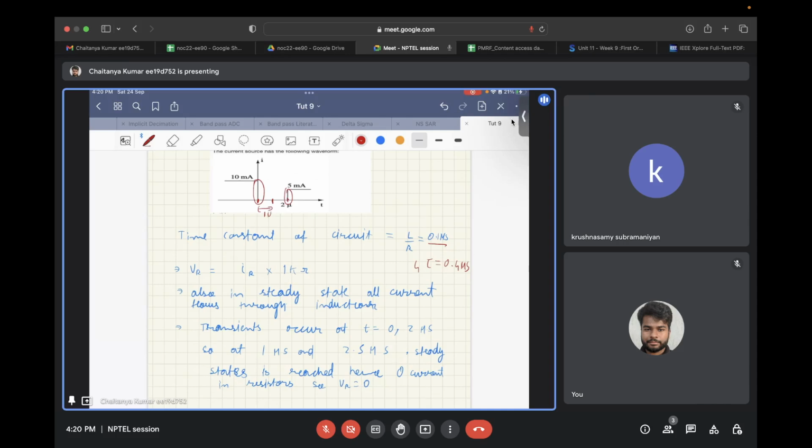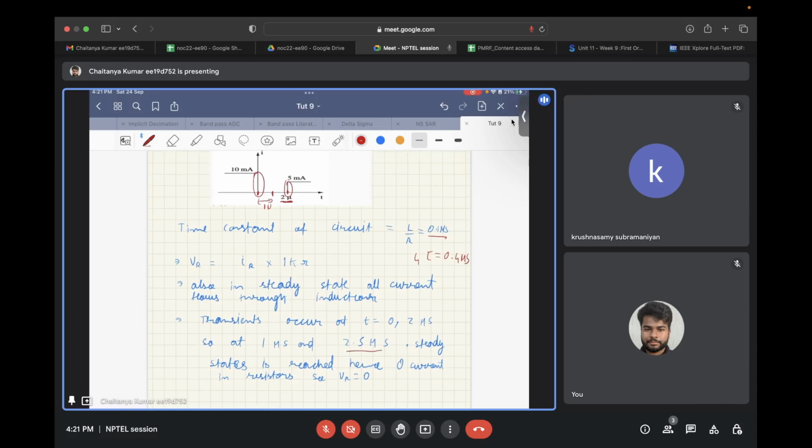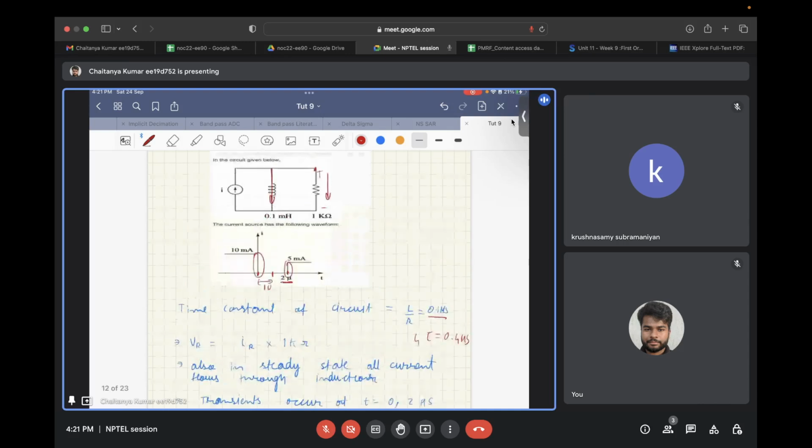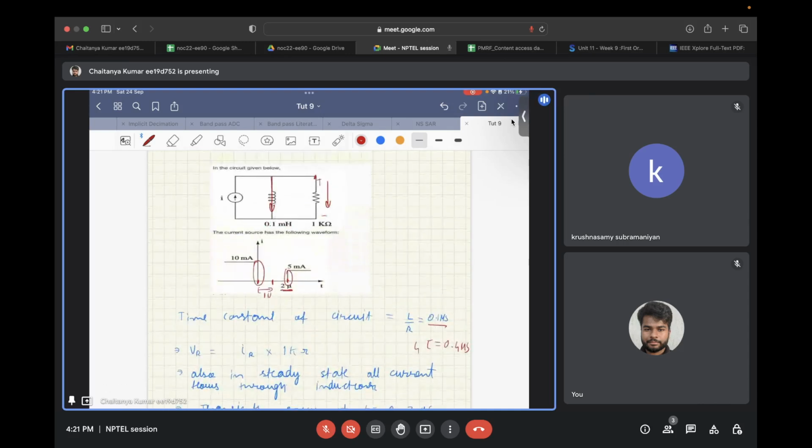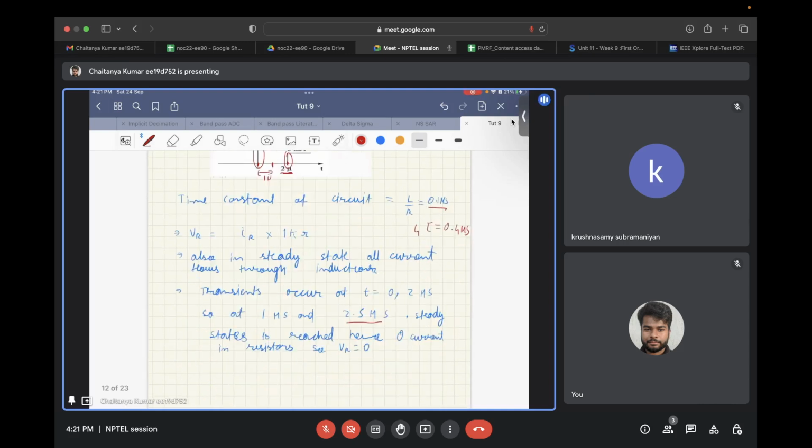Similarly, from the second transient that occurs at t equal to 2 microseconds, you have 0.5 microseconds at the point where you need to find the value of the voltage across the resistor. So in both cases, you can assume the steady state has reached, and the inductor will become a short circuit. All the current will flow through the inductor, and since no current is flowing through the resistor, the voltage developed across the resistor at both of these time instants will be zero.